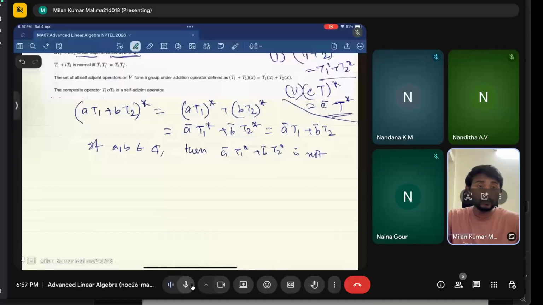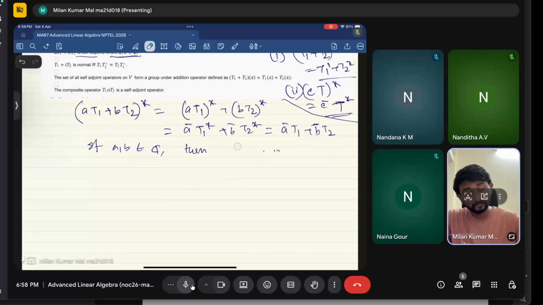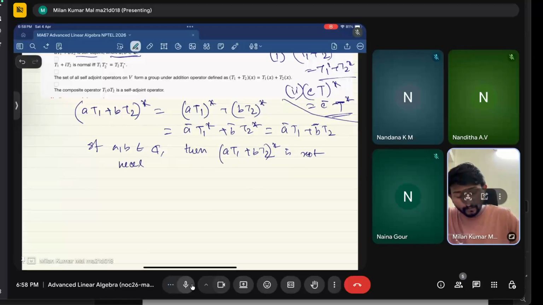But a and b are complex numbers, and their conjugates are not necessarily equal. So (aT1 + bT2) star is not necessarily equal to aT1 plus bT2.